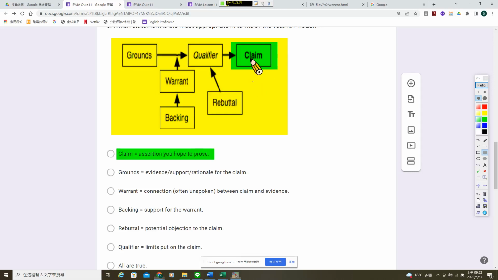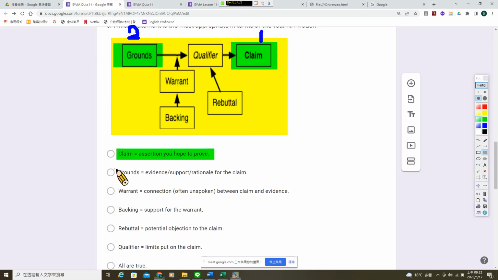But when you say you want to prove this claim, you must have some evidence or support or rationale for the claim. So we start, of course, with a claim first, and then we will follow with our grounds. Grounds, basically, is the supporting evidence.